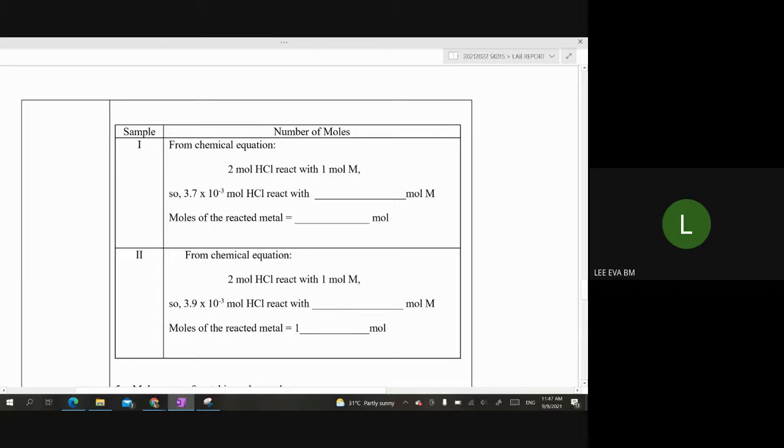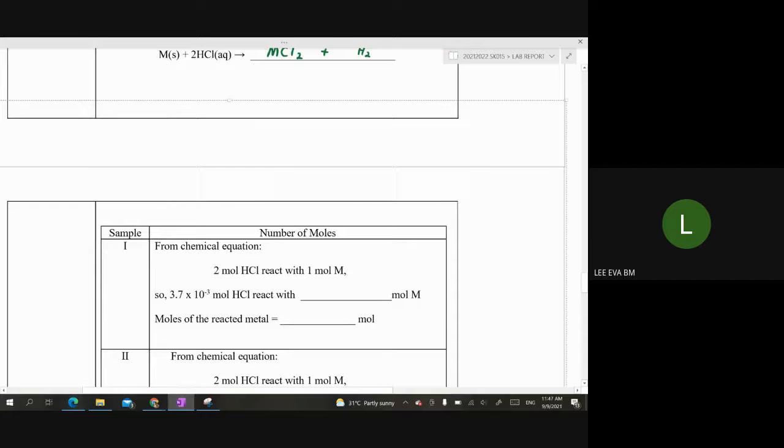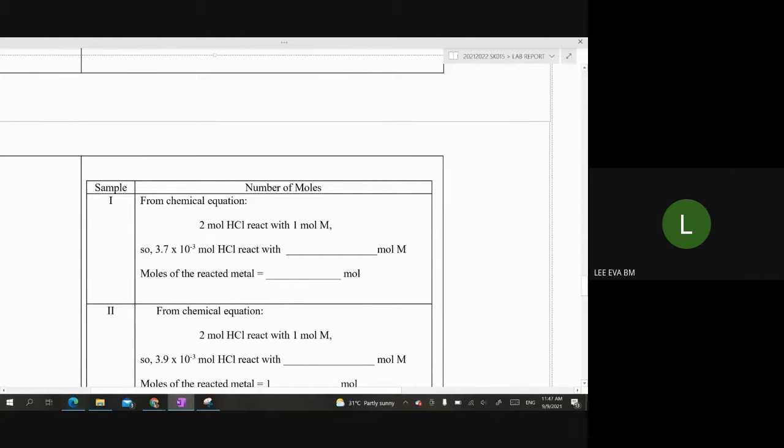Okay, so look at this equation. We just now say the mole ratio equals to 1 to 2, right? So 2 mole of HCl will react with 1 mole of your metal M. Therefore, if you use the 3.7 times 10 to the power of negative 3 mole of HCl, ini dapat dari mana? Macam mana nak link kan?